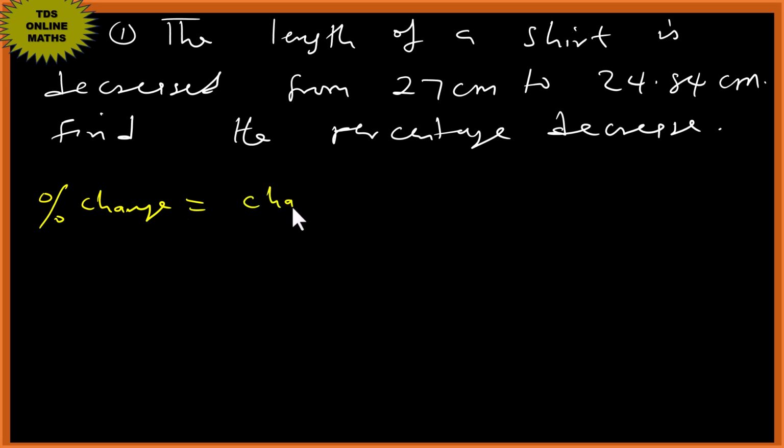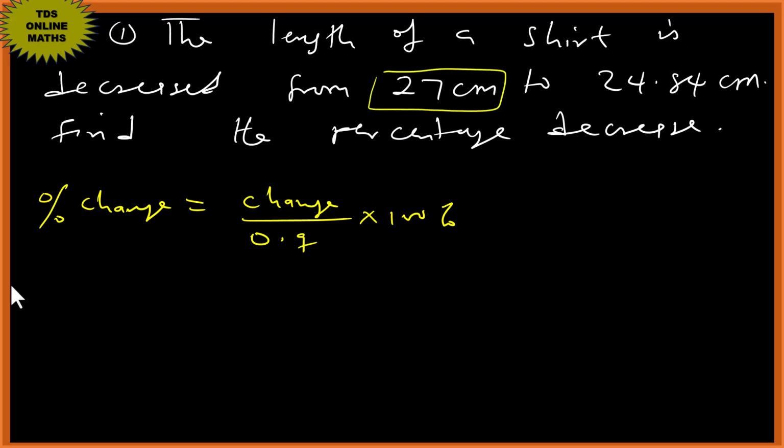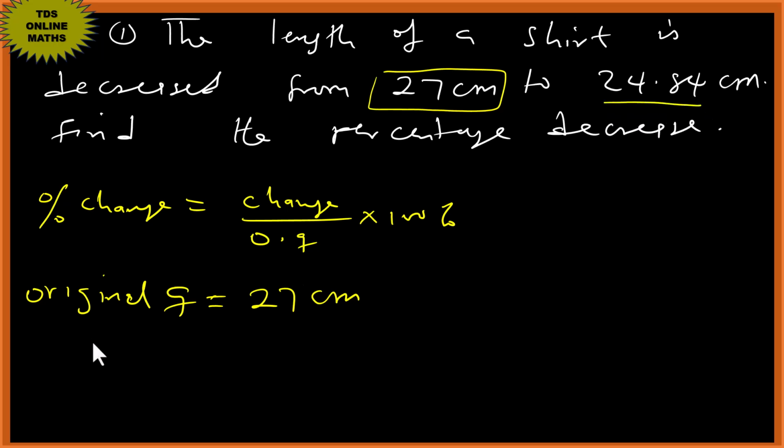From here, the length of a shirt decreased, so 27 is the original. The original quantity here is 27 centimeters, to 24.84 centimeters.